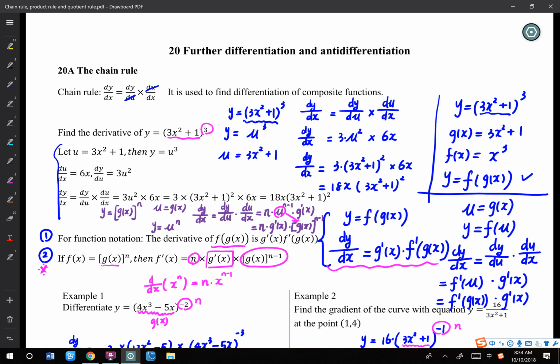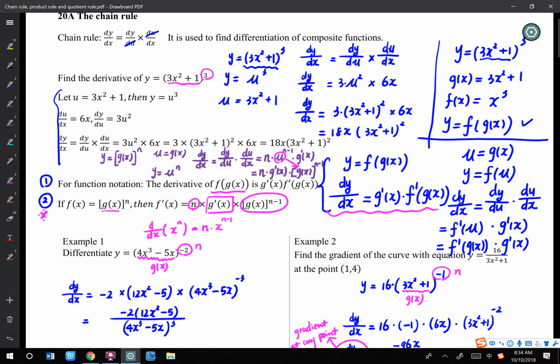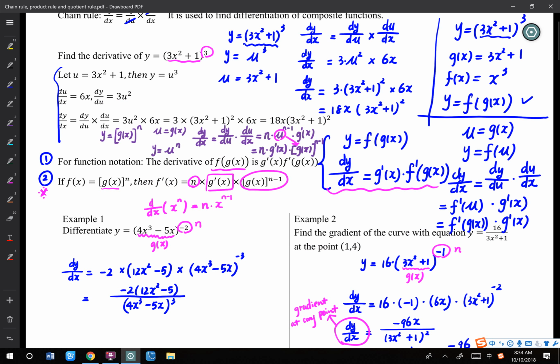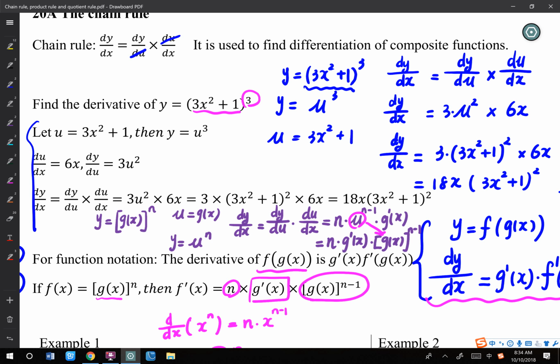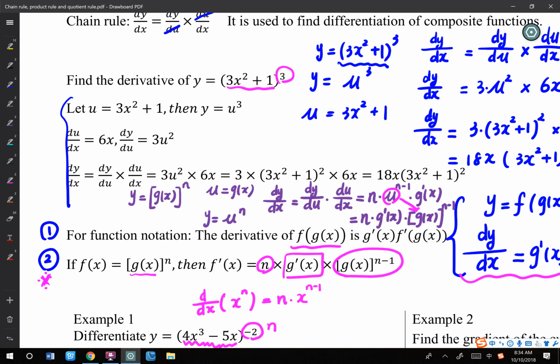So the key idea for the chain rule is to introduce a new variable and use dy/du times du/dx to differentiate. Like the example we did, a quadratic to the power of 3. We put a quadratic into a cubic function and we don't want to do expansion. So we can just introduce a variable u, make u equal to 3x squared plus 1.